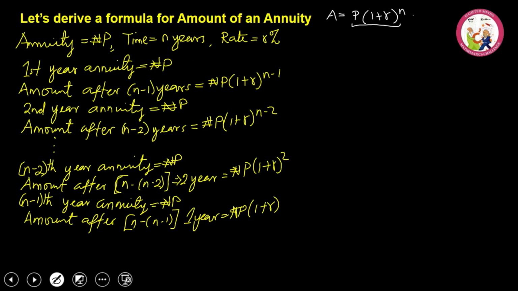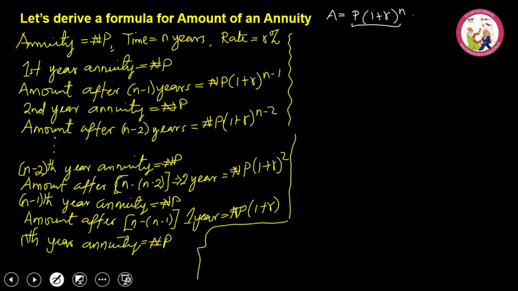And finally, the annuity received at the nth year will be equal to P naira, and this amount cannot be reinvested because that is the last year of the annuity, or the payment of the annuity. Okay, so our interest is to get the total amount of money that you will receive at that nth year.